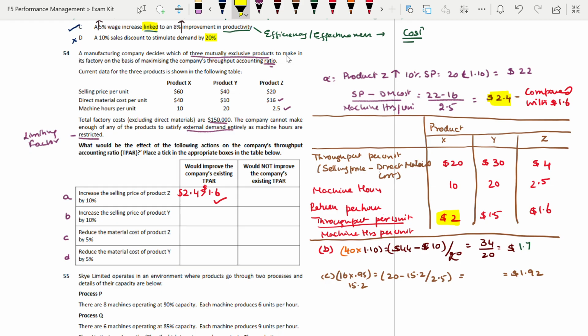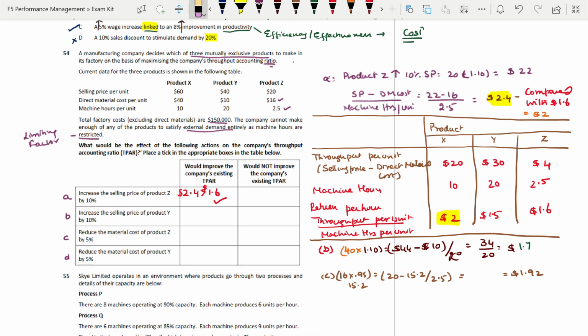If you are getting less than 2, it is not preferable and will not improve. If you take a lesser value than 2, automatically we are going to have an impact. 1.92. Here we should not only compare with 1.6, but also compare with $2.